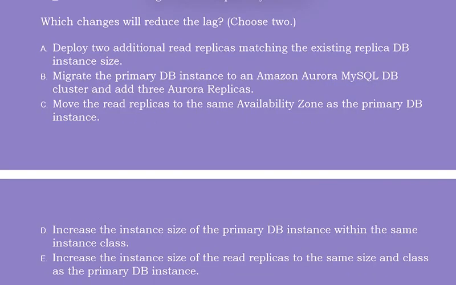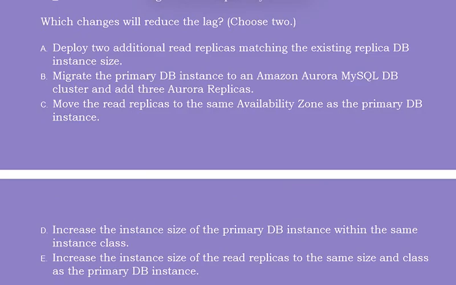Option A. Deploy two additional read replicas matching the existing replica DB instance size. Option B. Migrate the primary DB instance to an Amazon Aurora MySQL DB cluster and add three Aurora replicas.